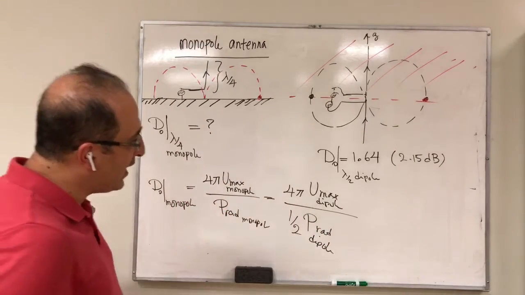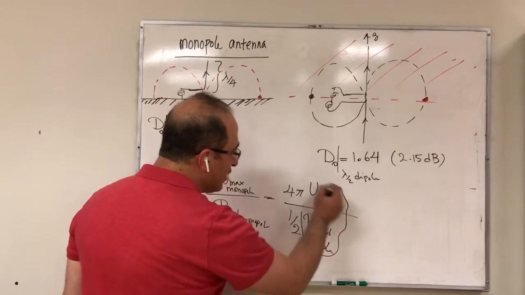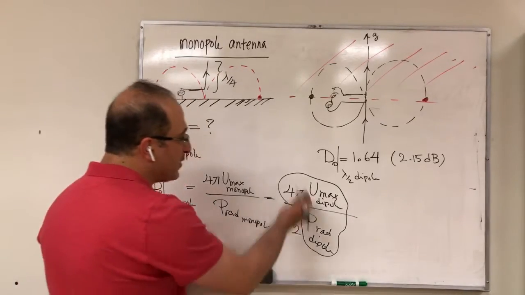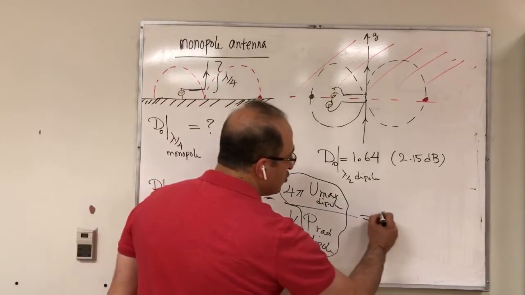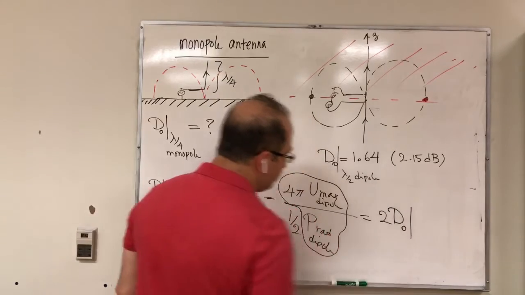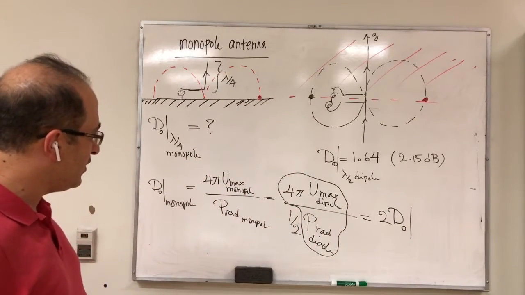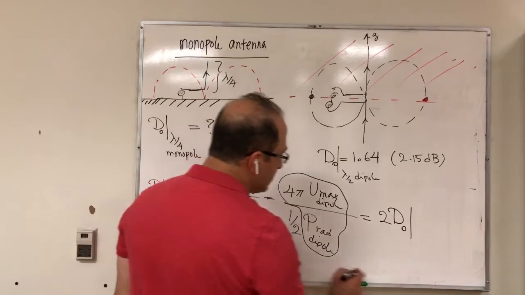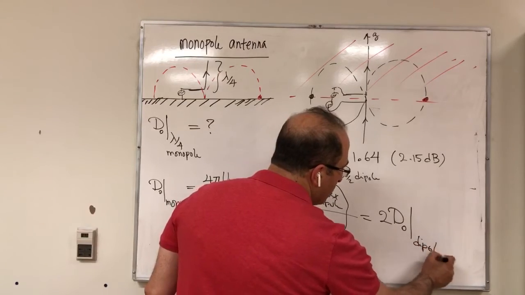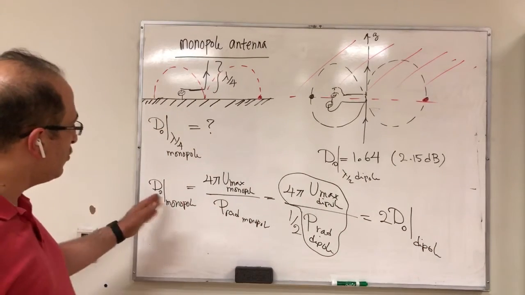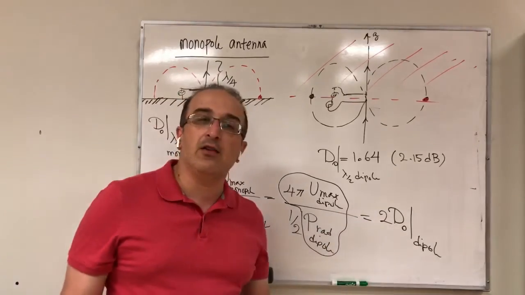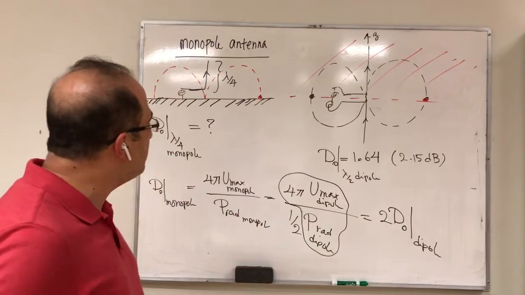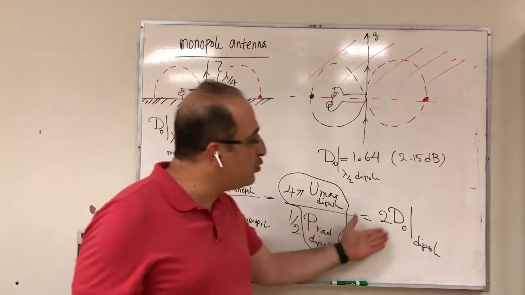So if you go by that, this is essentially going to be D max of the dipole, D naught, and then the half can go to the numerator and becomes 2 D naught of the dipole, so hopefully I've done everything correctly. So D naught of the monopole would be 2 times D naught of the dipole. Whatever the directivity of the half wavelength dipole is, the directivity of the monopole would be 2 times that.